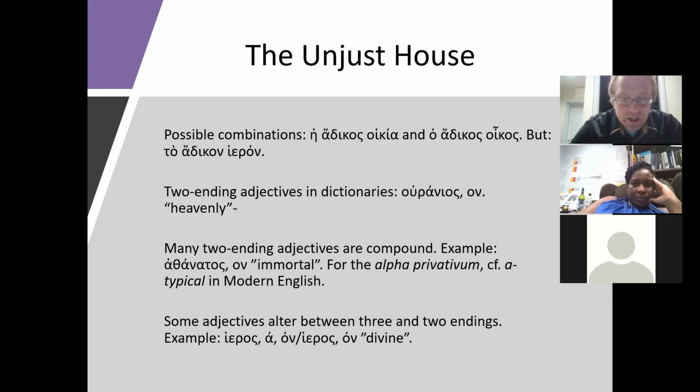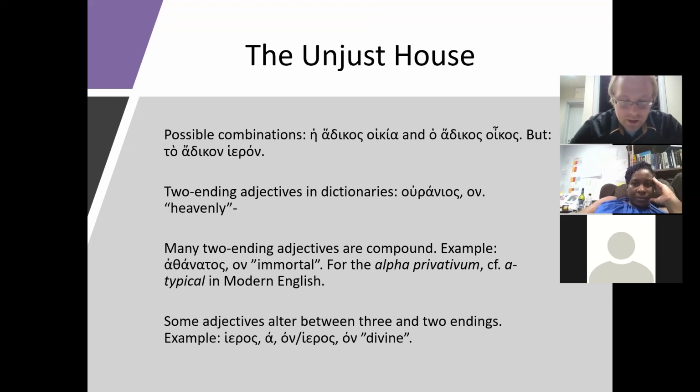In grammars and dictionaries, you can recognize adjectives with 2 endings in that only 2 forms are given. Like, for instance, in the case of the adjective meaning heavenly, which is given as uranios, uranion. It may be noted too that it's usually compound adjectives that are of this 2 ending type.